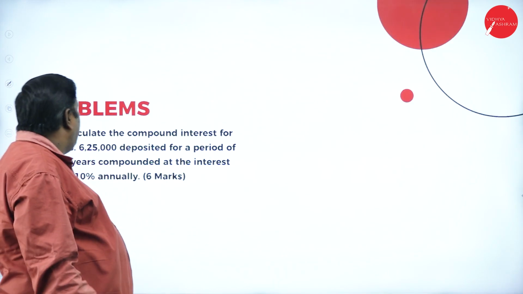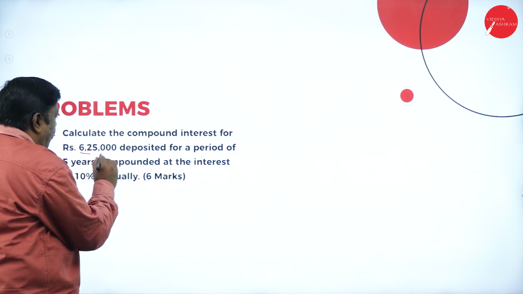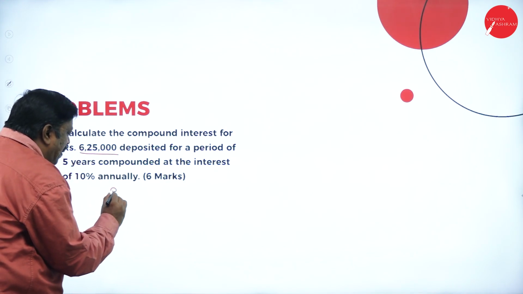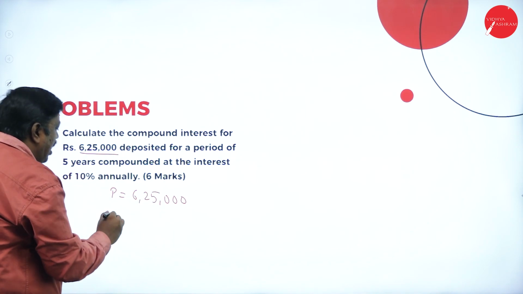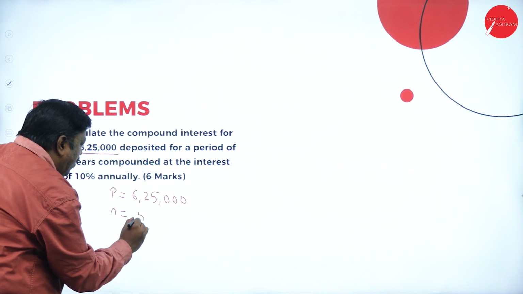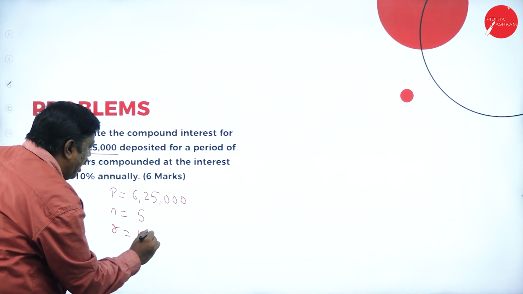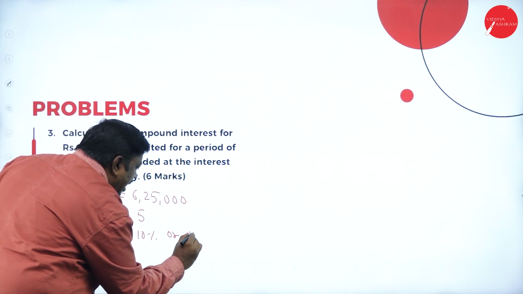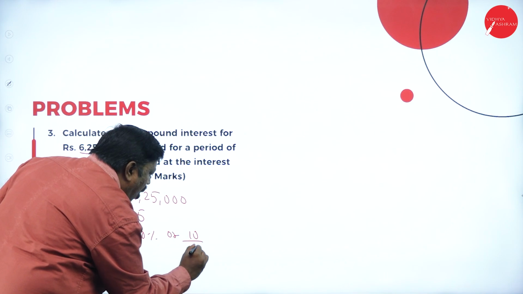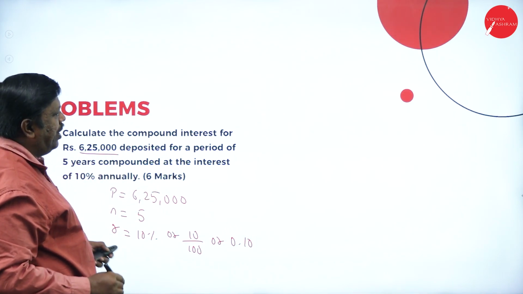Next one, in the third problem, we have taken 6,25,000. That is my principal amount, 6,25,000, my period will be 5 years and R will be 10%, or 10 by 100, or 0.10.